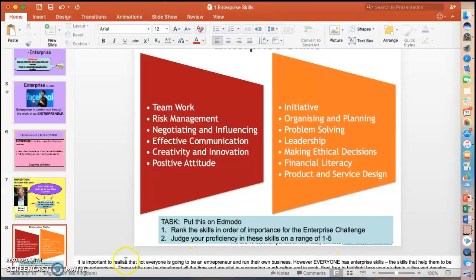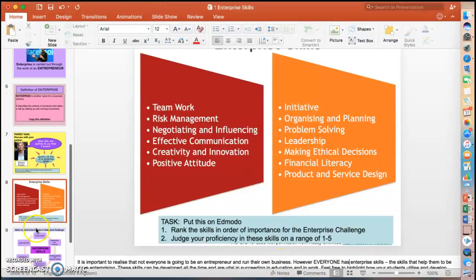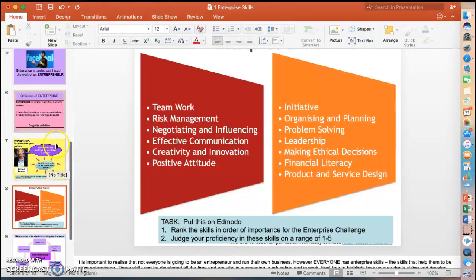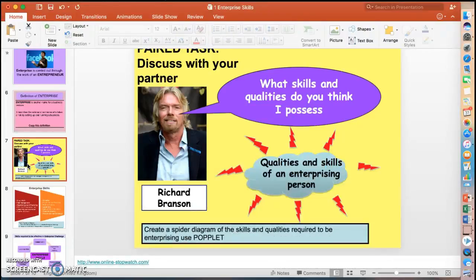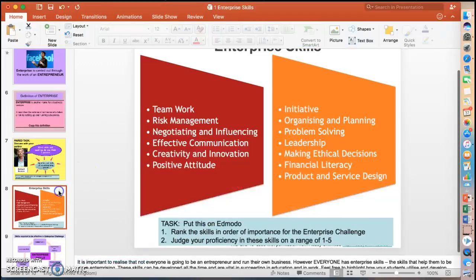Okay, there's some more information down in the notes section here that you can click on to read when you do that. So 2 pieces of work so far from this: a poplet on the skills an entrepreneur like Richard Branson should have, and then a quick look at what you think on this.